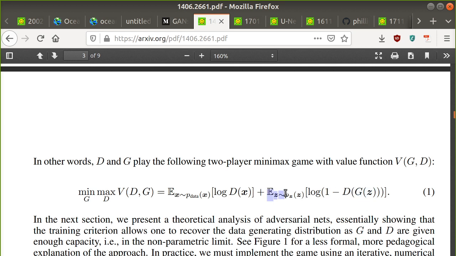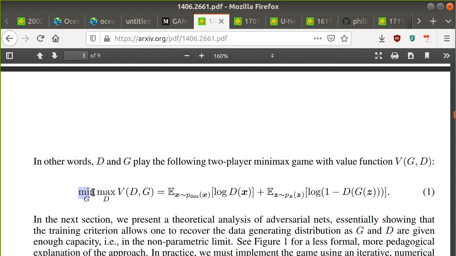What this term here says is if we have a fake data point generated by the generator, right? So the generator looks at the meteorological values and outputs its fake image of clouds, right? Then it's trying to fool the discriminator. So it wants the discriminator to assign a large score to this, but the discriminator wants to just assign a small score.